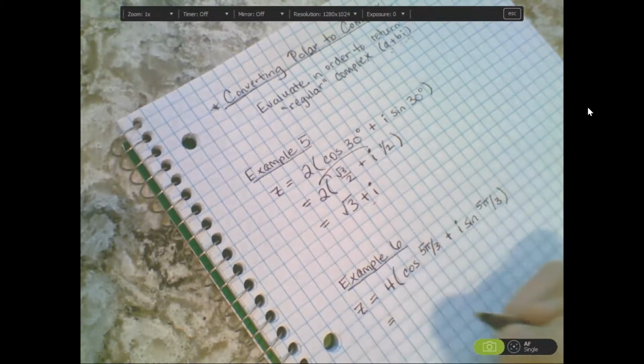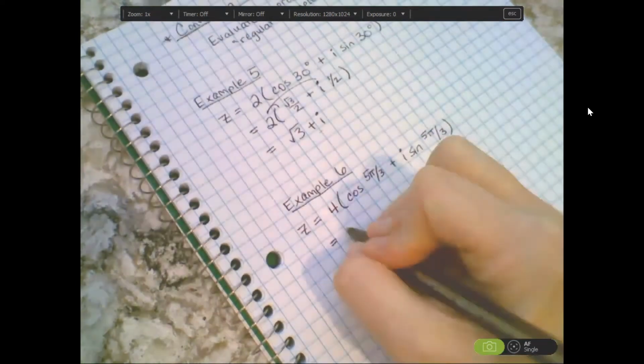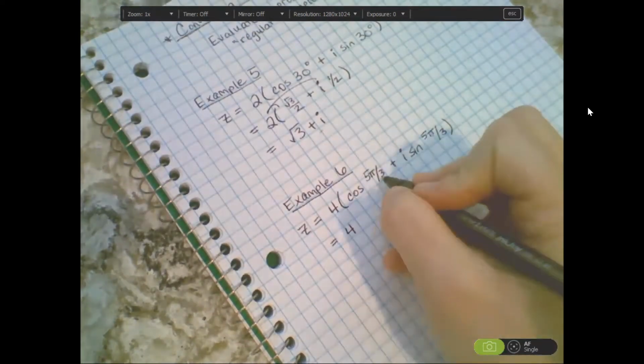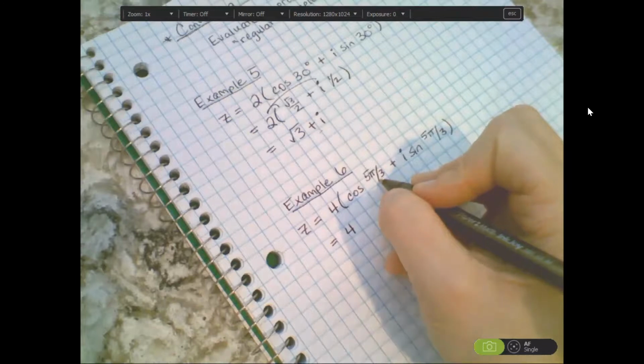All right, so again, hopefully we remember some of this stuff from our unit circle. So 5 pi over 3, that's going to be, let's see, 3, 4, 5. That's going to be in the 4th quadrant.